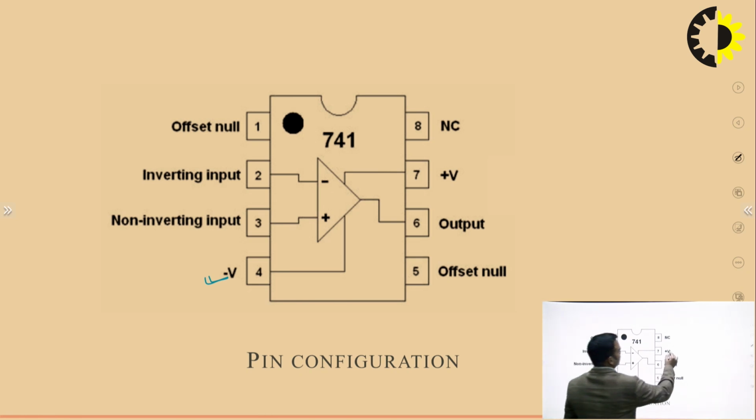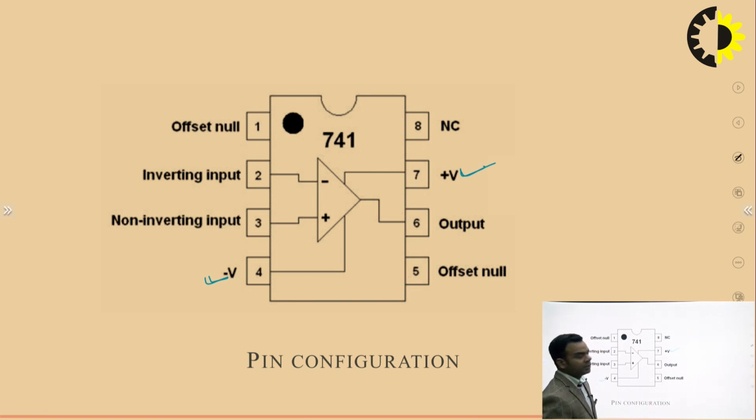This pin is used for the positive supply voltage. Output is taken from pin number 6, the fifth is the offset null and the 8th pin is not connected.